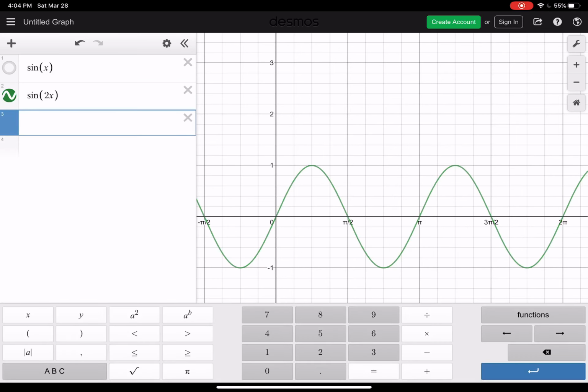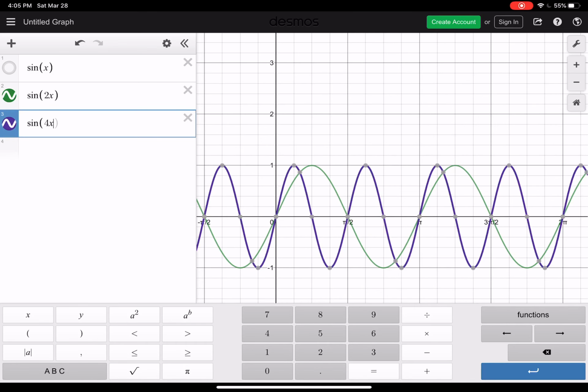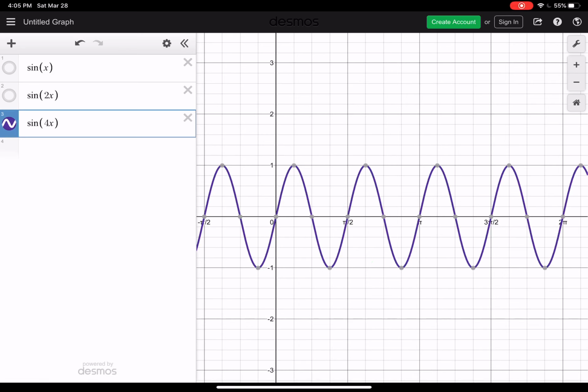Now if I did another one, say sine of 4x, I'm going to turn sine of 2x off. See how now the wavelengths are becoming much shorter?